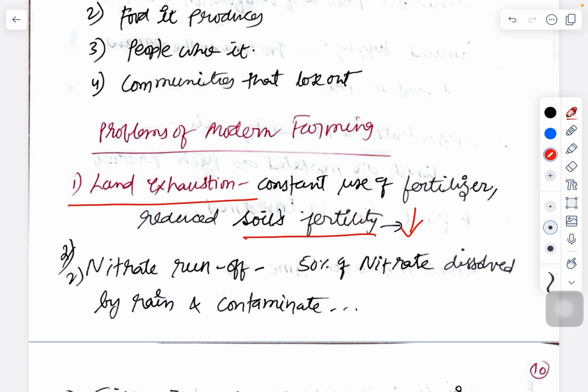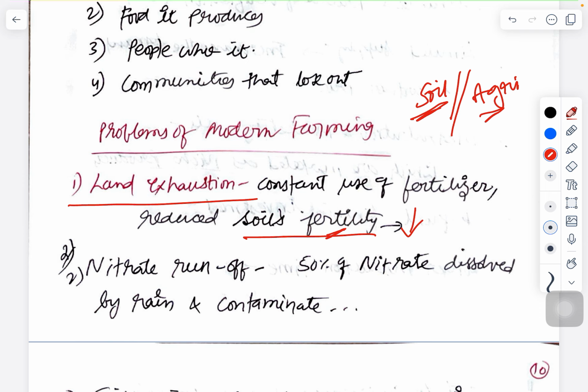But how exactly it reduces the soil fertility, and what exactly happens to the soil structure and soil composition, I'm not getting into those details. If you're able to frame a point on soil fertility, that is enough. Because that is something agricultural students do, but that is not the scope of this discussion.